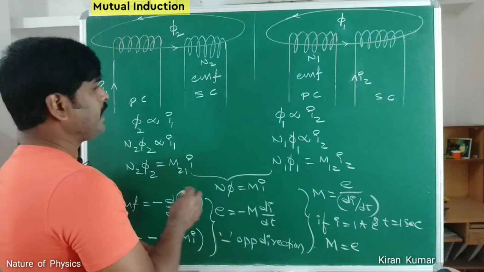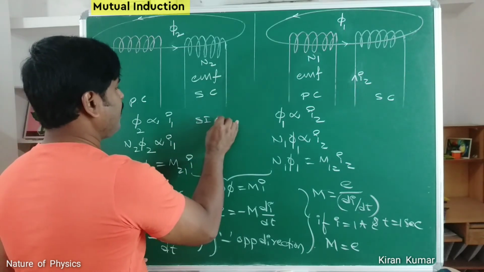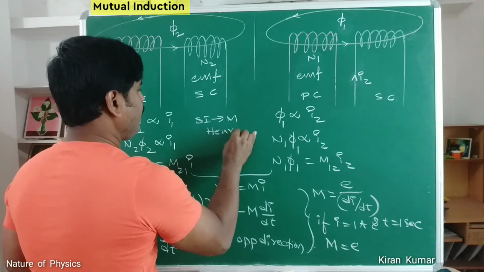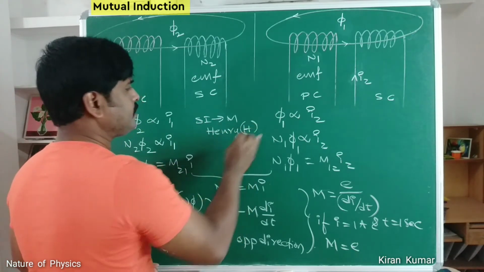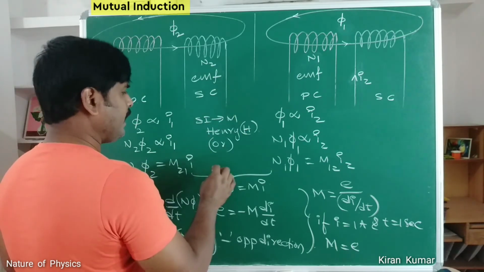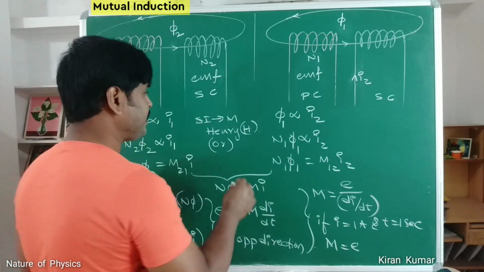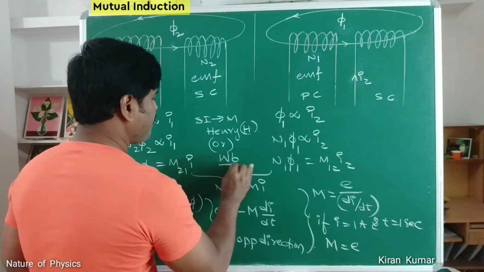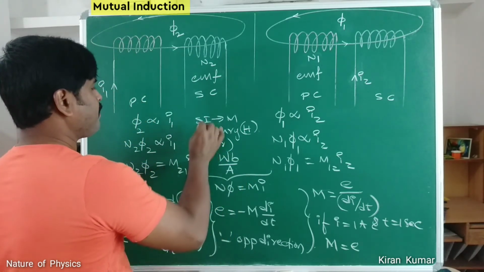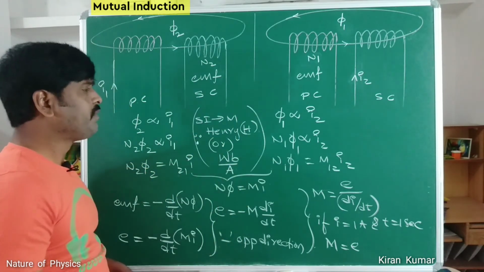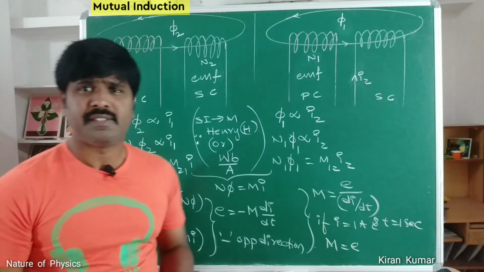The SI unit of M is Henry, indicated by the letter H, and another unit of the coefficient of mutual induction is Weber per ampere. These are the units for the coefficient of mutual induction.